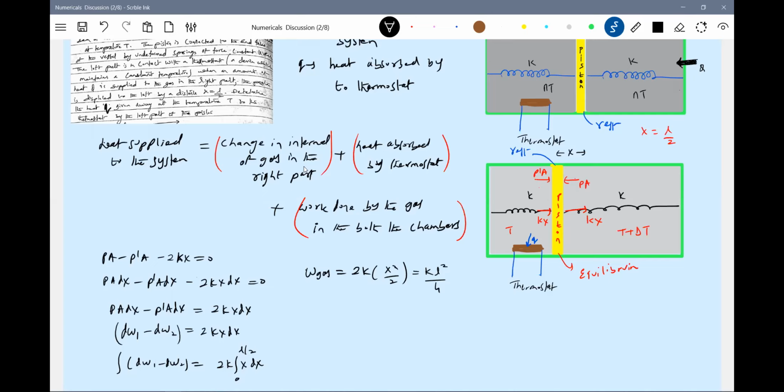Next, after this, how do we get delta T, because that also we assumed. Anybody? I want an answer from a student. Anybody?